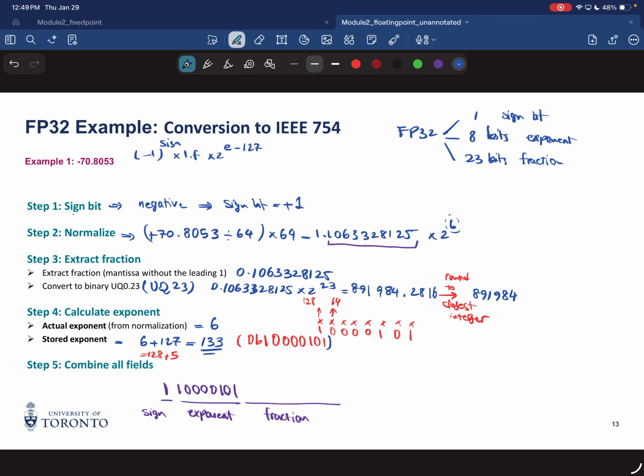Okay, now let's see. This is in 0b. Oh, it's a really long one.